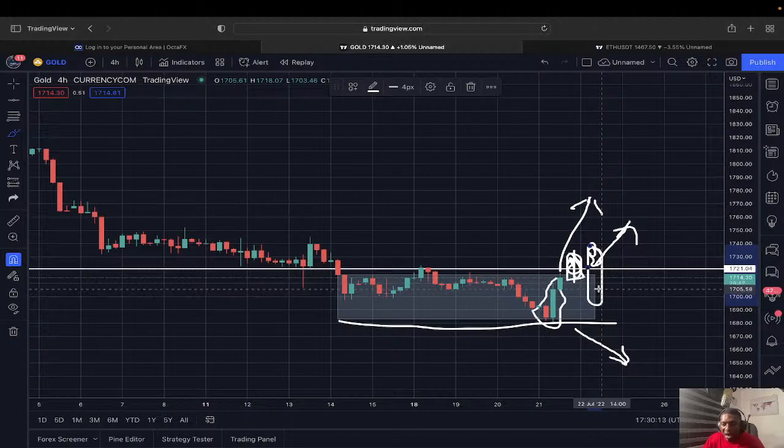Don't buy. Why? Because it has gotten back into that level that it recently broke out from. So that breakout candle is said to be a fake breakout candle if the next candle after it closes below it. I don't know if I'm passing a message now.